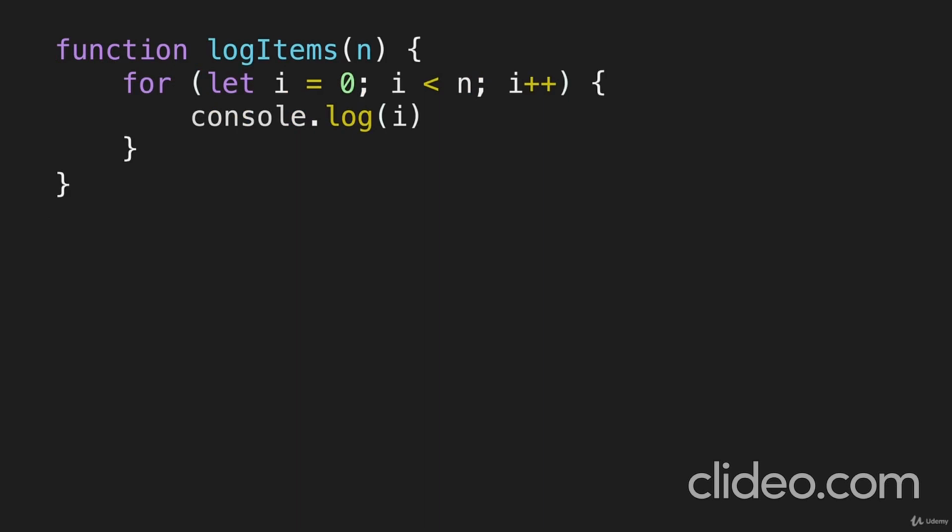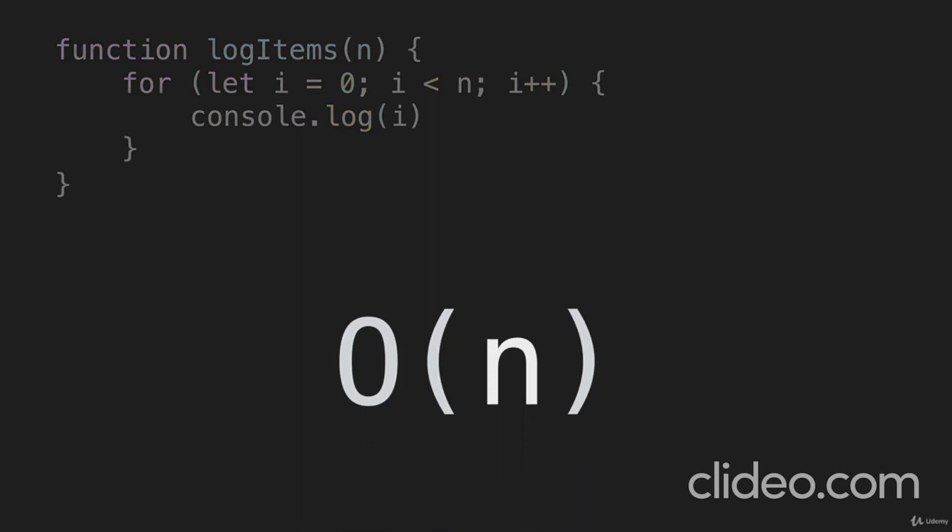So this is an O of n operation. To put it another way, we pass the function the number n, and this ran n times. So we passed it a 10, and it ran 10 times. It output 10 things. That's what O of n is.